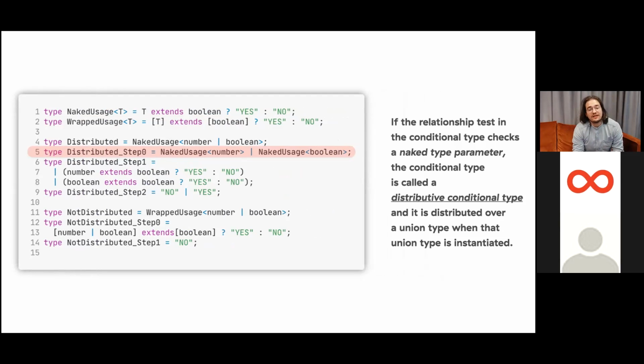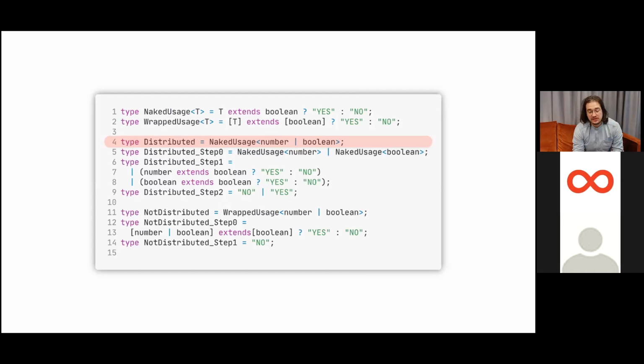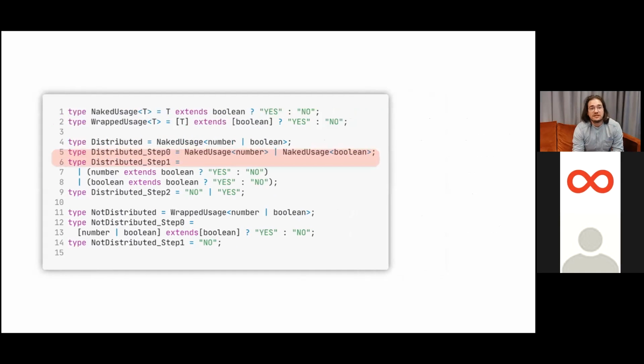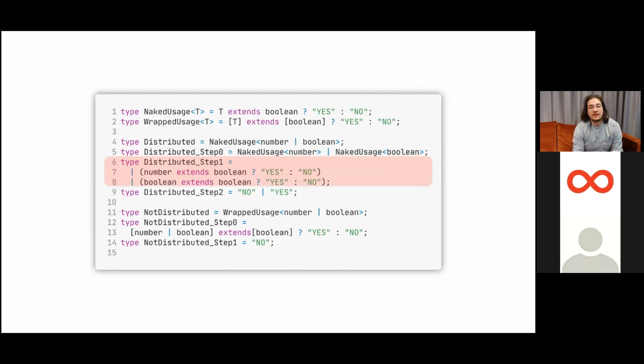Basically, we can go from this step to this step. And now we know how to work with this step because we're talking about basically atoms here, right? So number extends boolean, no. Boolean extends boolean, yes. And then we get a union of string literals that we got back from our conditional type above.